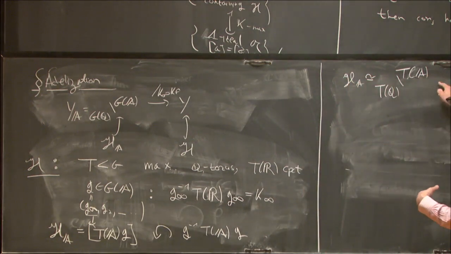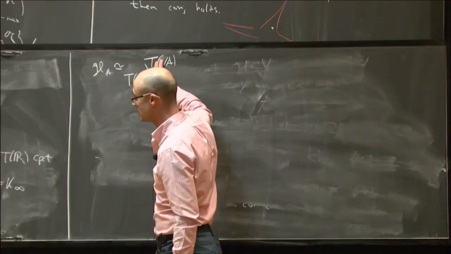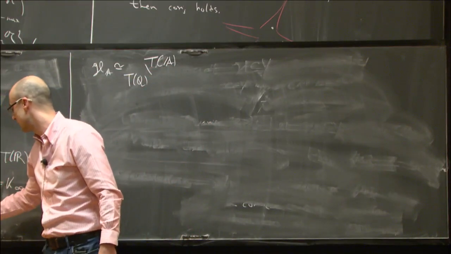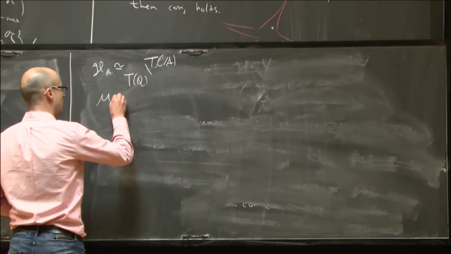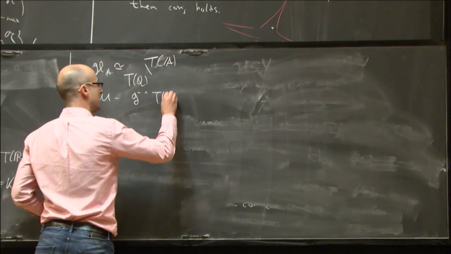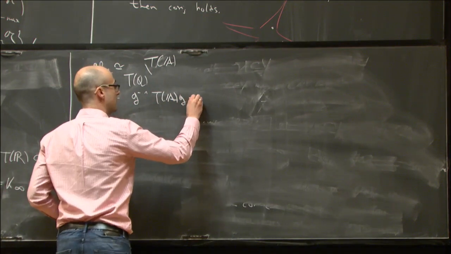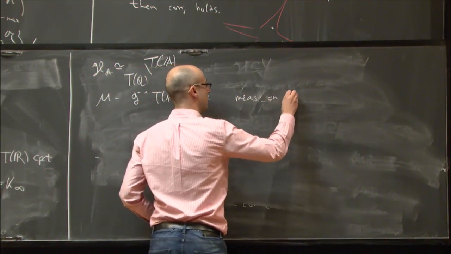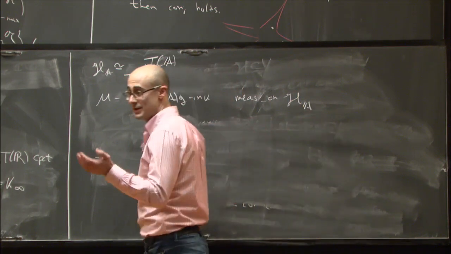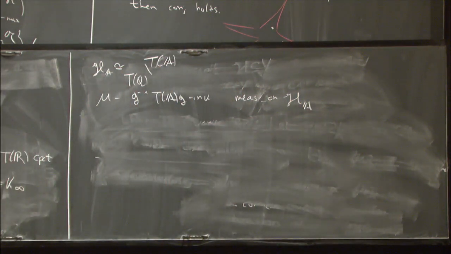So it's invariant under g inverse T_A g in this picture. So there's a unique one, denoted by mu, the g inverse T_A g invariant probability measure on H_A. And because of this invariance property, when you project, you get exactly your counting measure of the Picard group orbit under the torus.